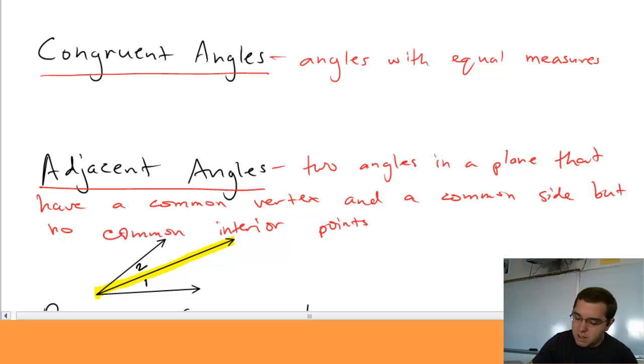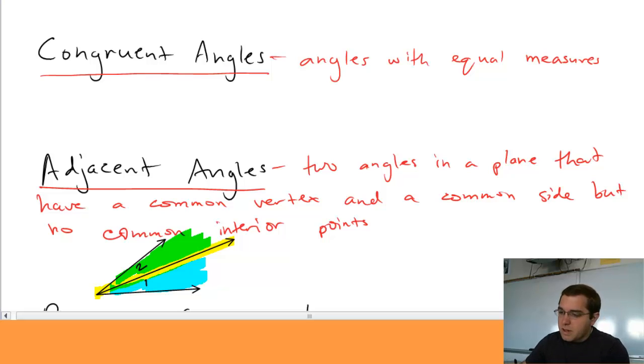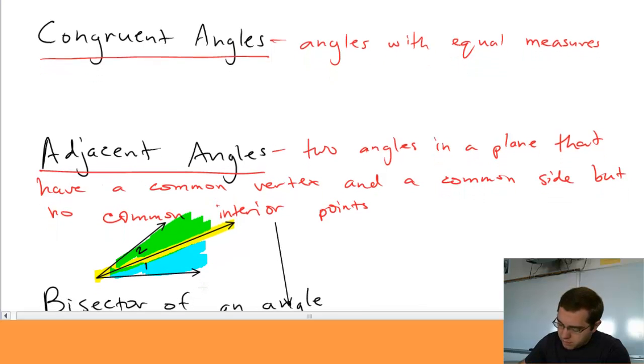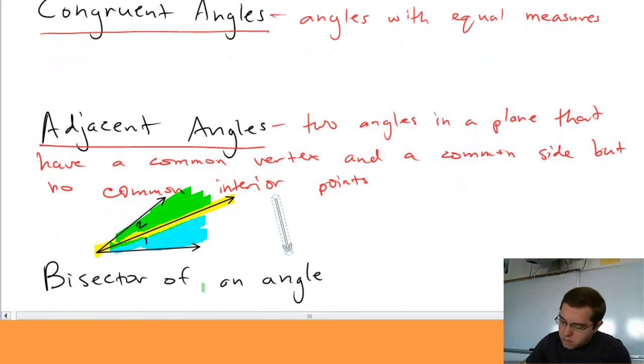That's clear because the interior of angle 1 is down here. The interior of angle 2 is up here. And they don't overlap at all. Another example of adjacent angles would be something like this.